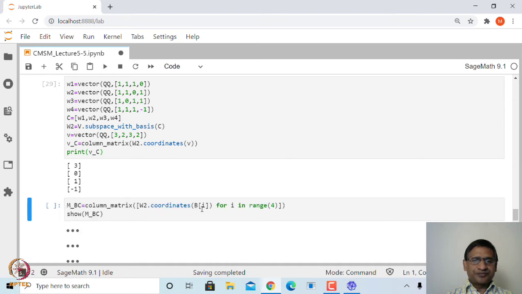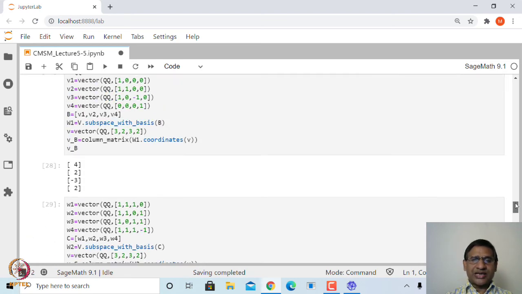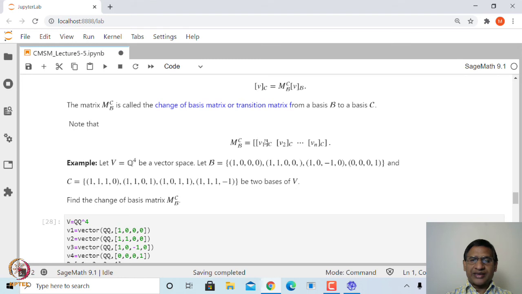So as I said, how they are related, that is a column matrix whose first column is the coordinate of V1 with respect to basis C. So how do I find that? We have already seen that this can be obtained by using RREF.